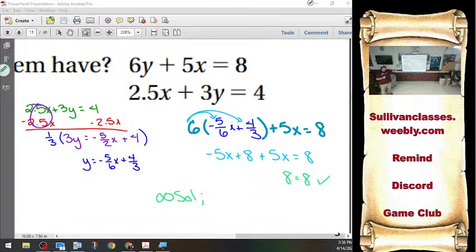You had a nice little chart where it showed you 2 lines crossing, 2 lines parallel, the same line, and it told you what each of those were in vocabulary terms. It is consistent because there's a solution. Will it be independent or dependent? Dependent because they depend on each other. They're the same line.